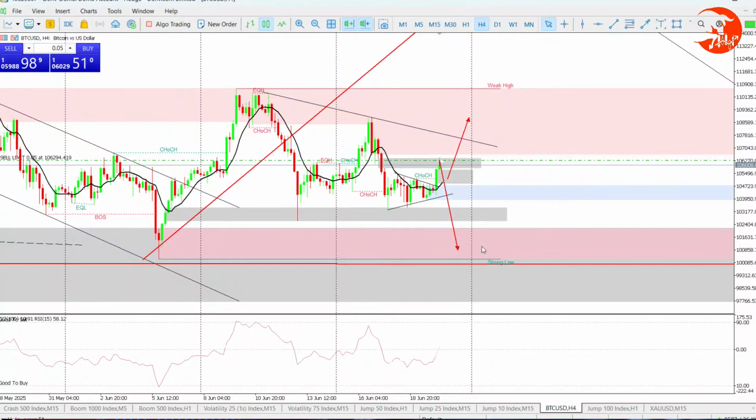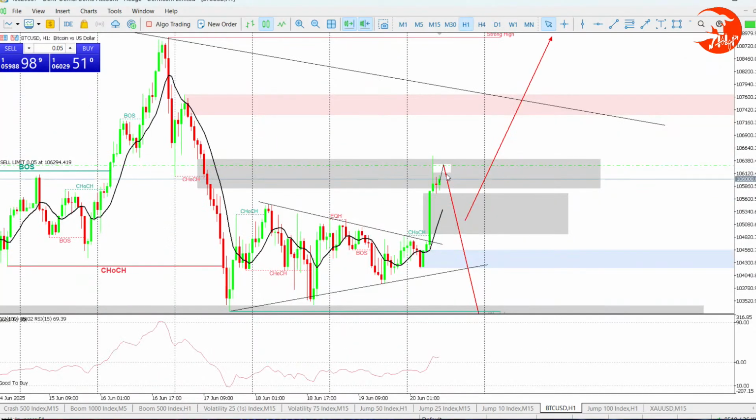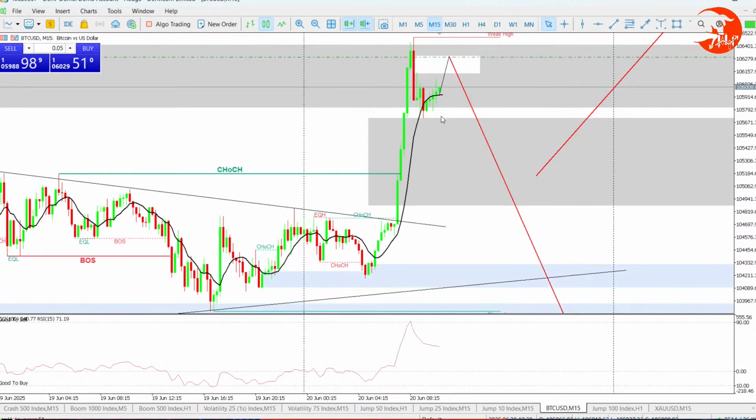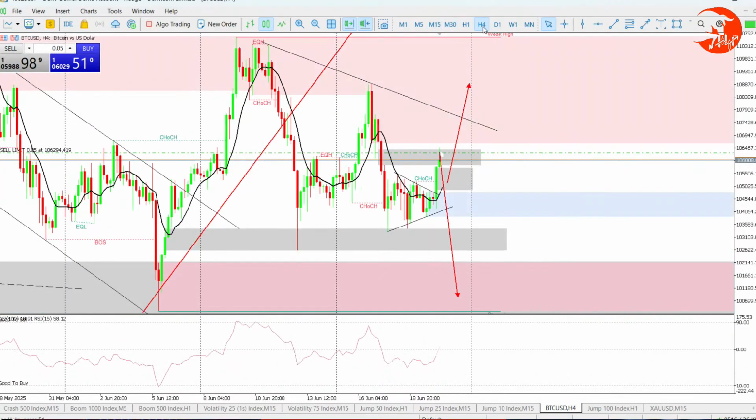So we are coming in with sells anytime from now. Those who have big accounts, or you can enter with the smallest lot size here, and then have another limit order waiting right there, and be ready to sell this asset. Yeah, we are going to sell this.